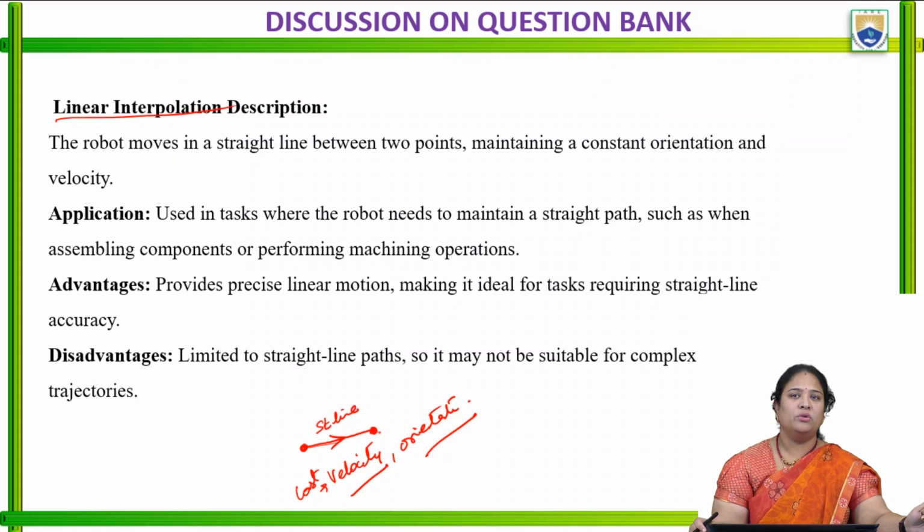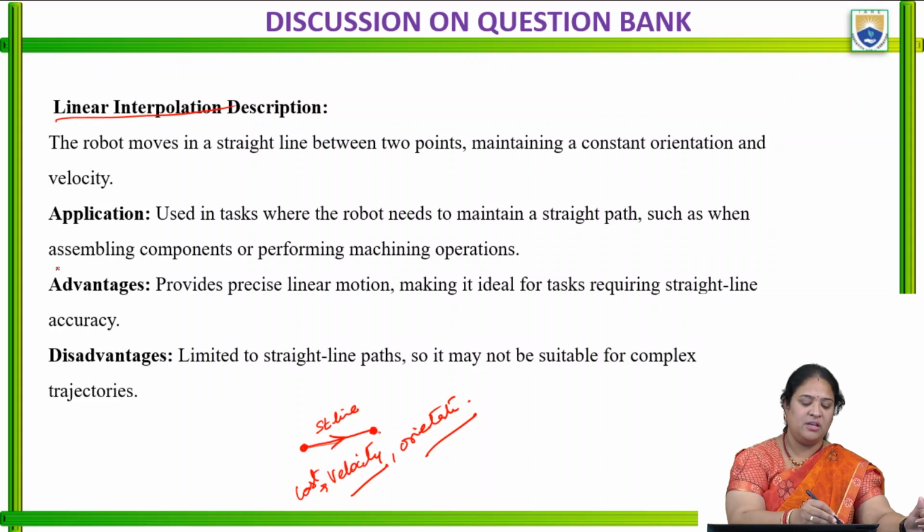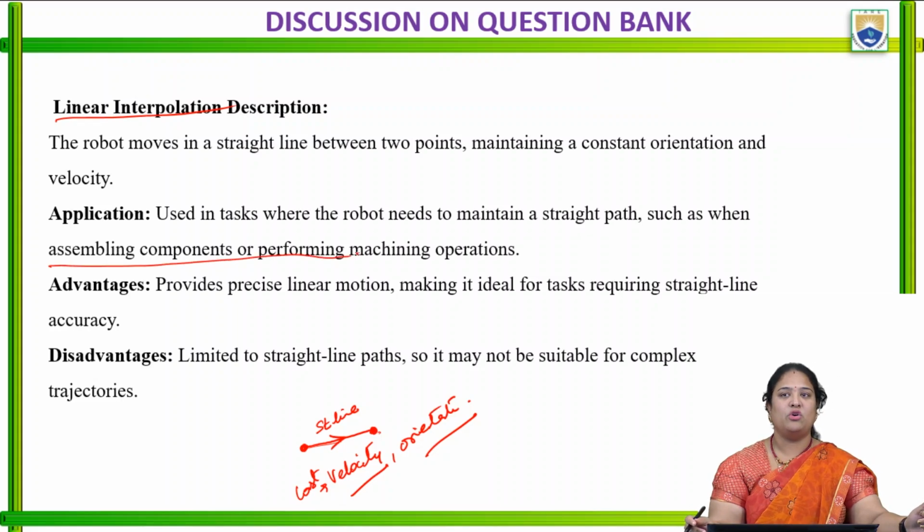Whenever the robot needs to maintain a straight path, such as assembling components or performing machining operations, there we come across the linear interpolation type of path control system, where the robot moves in a straight line from one point to the other without any disturbances in between, maintaining a constant orientation as well as velocity.